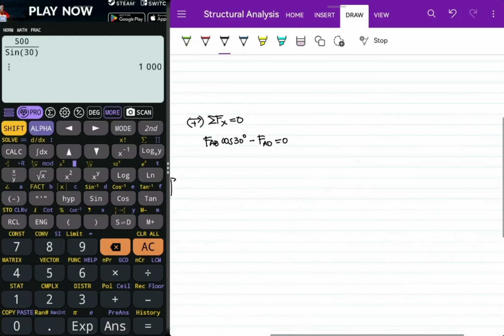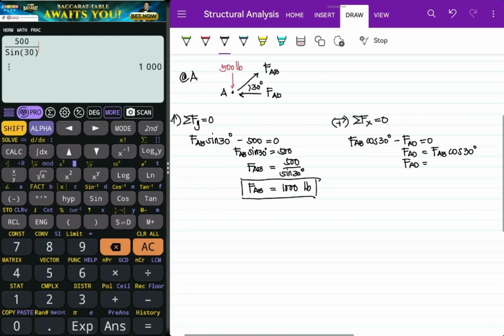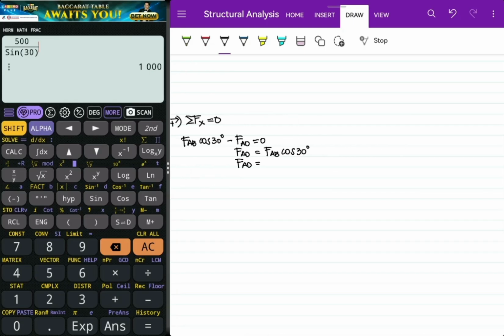This means FAD is equal to FAB cosine of 30 degrees. We substitute our calculated value of AB, which is 1000. So this is 1000 cosine of 30 degrees.